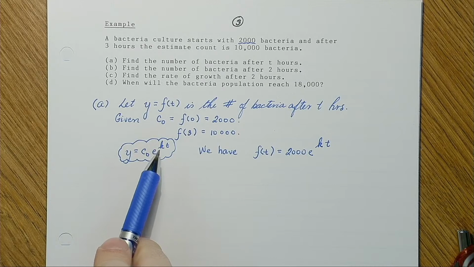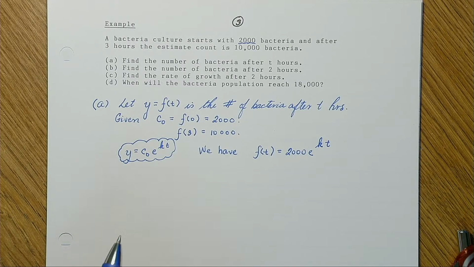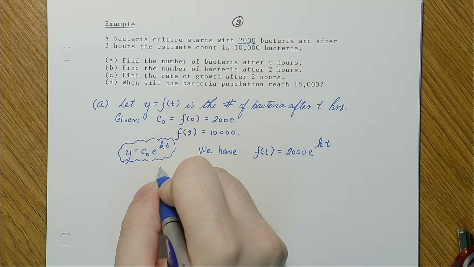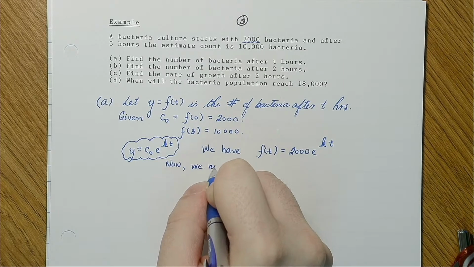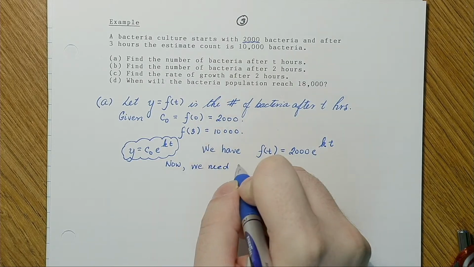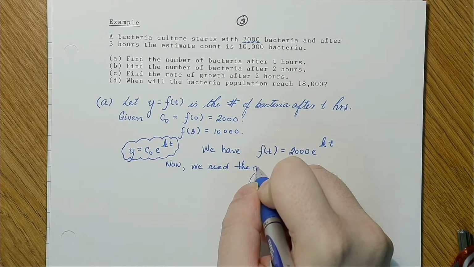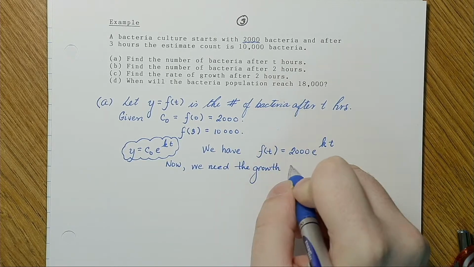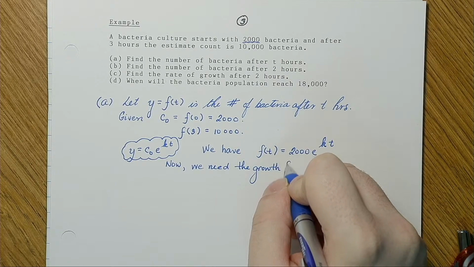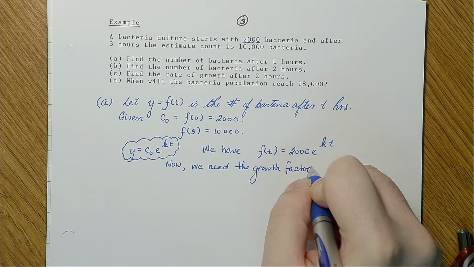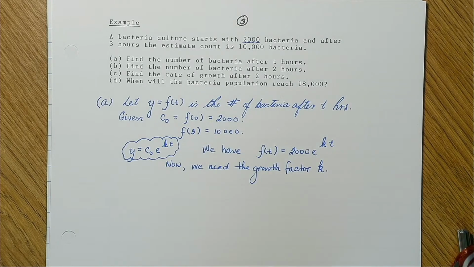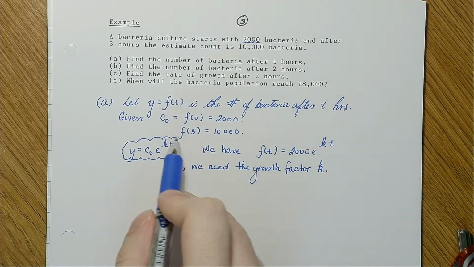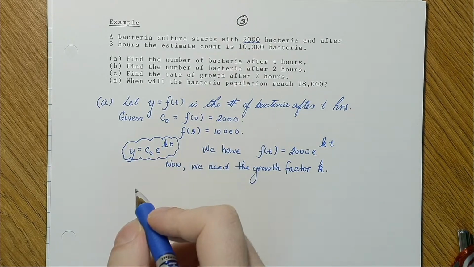The other thing that we need to do is figure out what our growth factor is, which is the k. Now we need the growth factor, or the growth rate. Oh sorry, growth factor, k. So we use this part of the information right here.